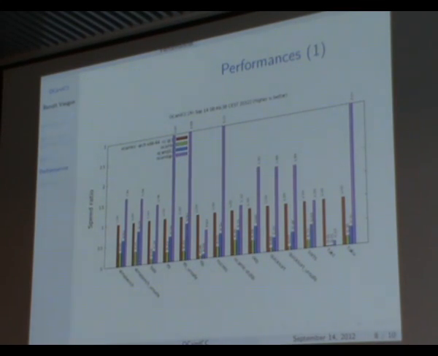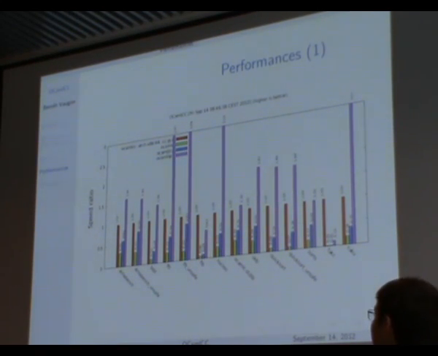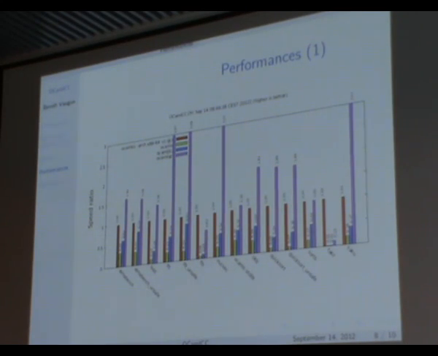We compare it with OCamlJIT2 and with OCamlOpt. Our compiler OCamlCC is in red, and we can see that we are always better than the OCaml interpreter and OCamlJIT2, and almost always slower than OCamlOpt. Just in some cases, we are very near OCamlOpt.